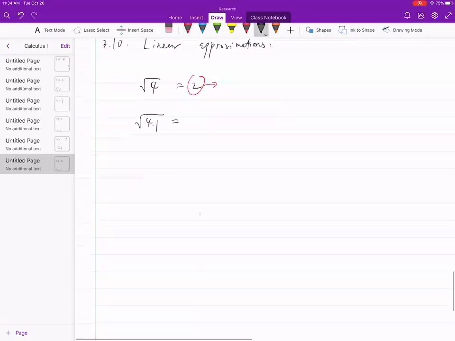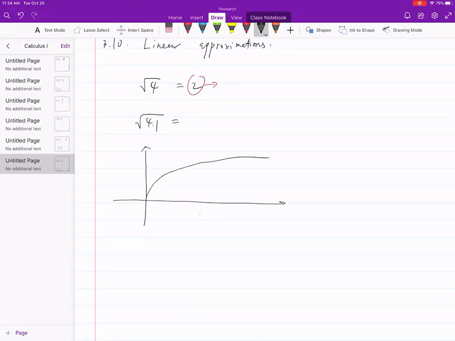How do we do that? Well, let's think about it. Here's 4. Here's 2. You know everything here. Here's 4.1. It's technically very close, but I'm just going to draw it a little bit further to illustrate the idea.